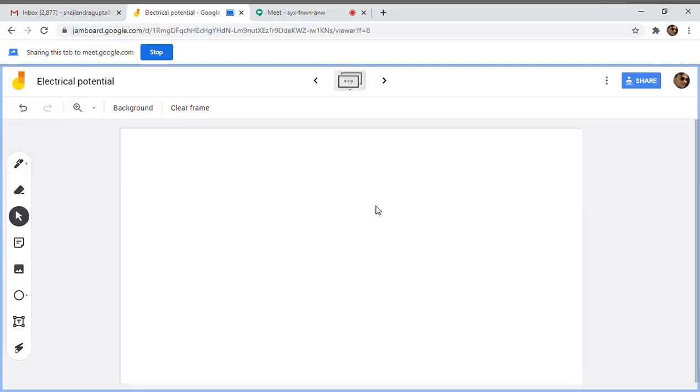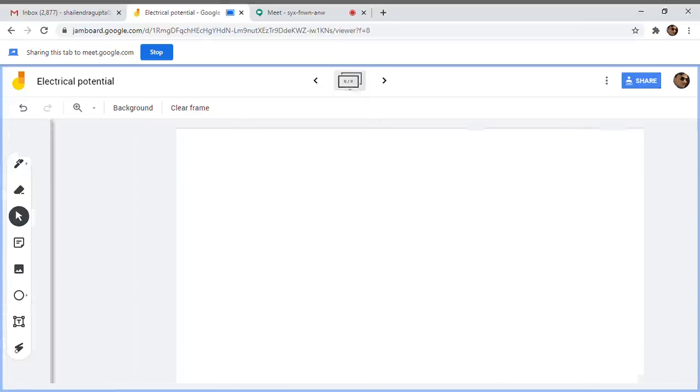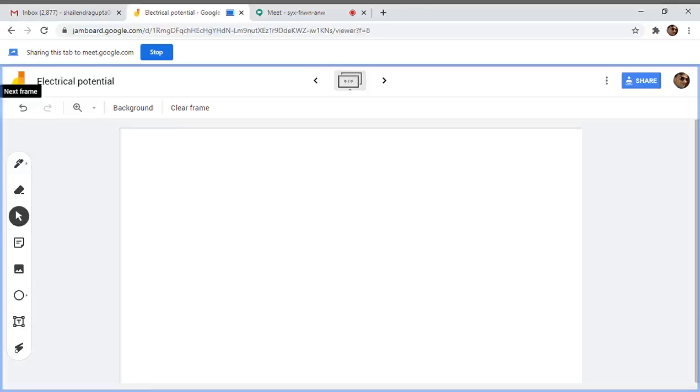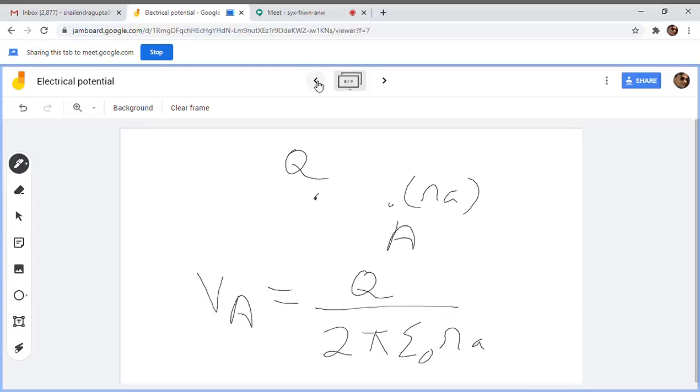Okay, so let us say we are given a potential, due to the charge, so we will take this one. So our VA depends upon the charge, and 2 pi epsilon, the permittivity as well, and upon the distance of that point from the position of the charge.